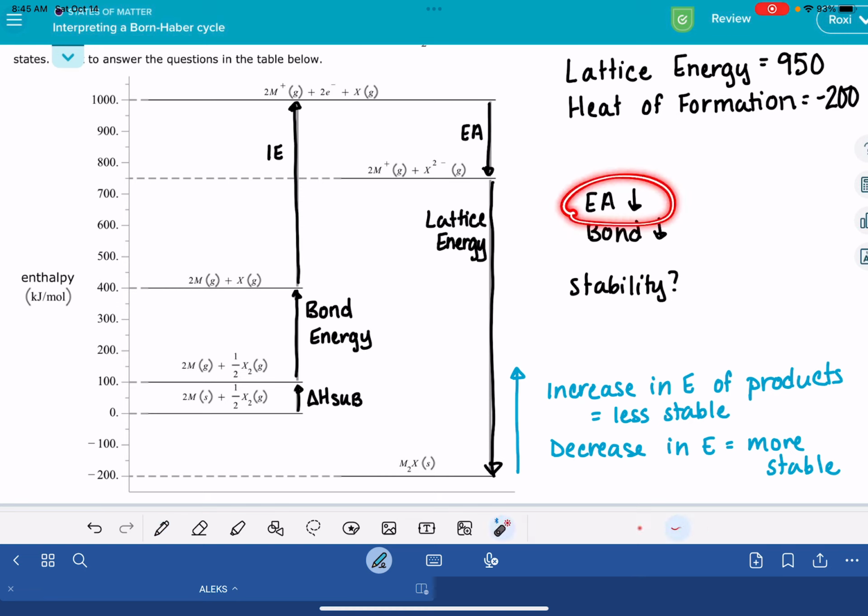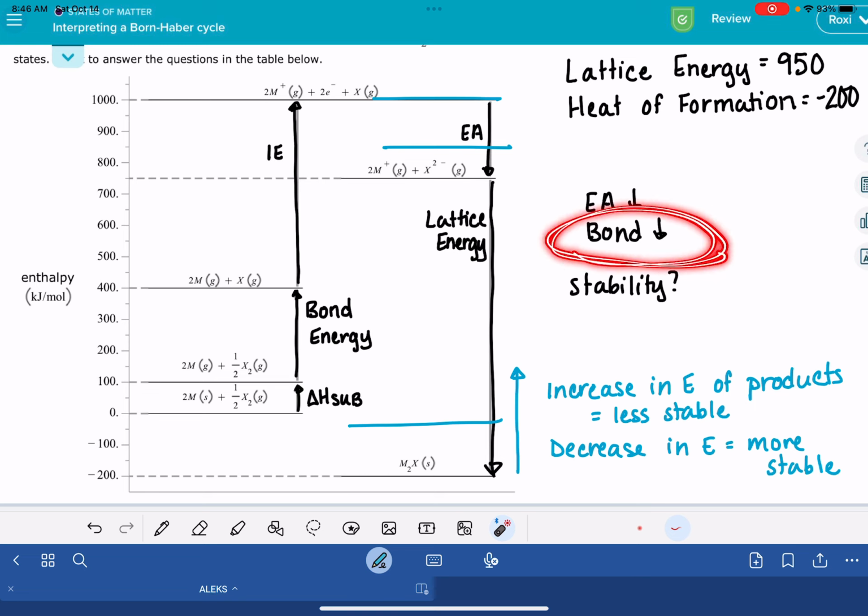So if the electron affinity decreases, that means that this value numerically, and we're just talking about the absolute value here, the gap between these levels is going to shrink. So instead of going from here to here, we're now going like to there, and that's going to cause my product line to be shifted up as well. So just that step alone increases the energy of the products.